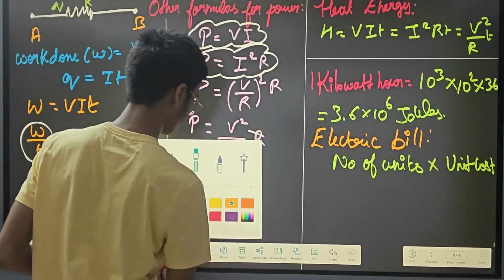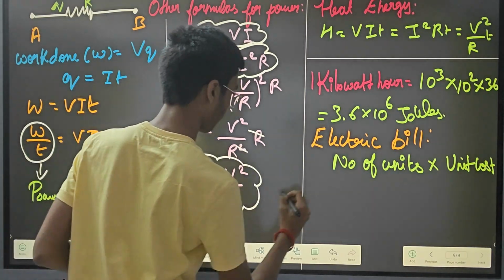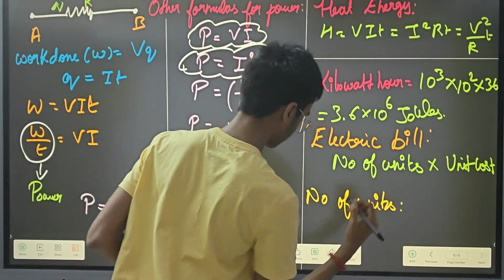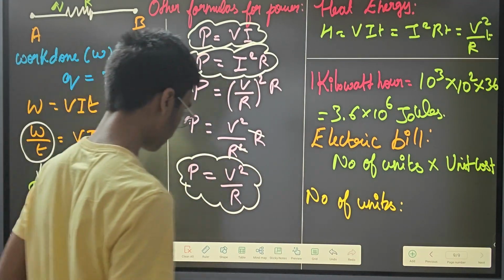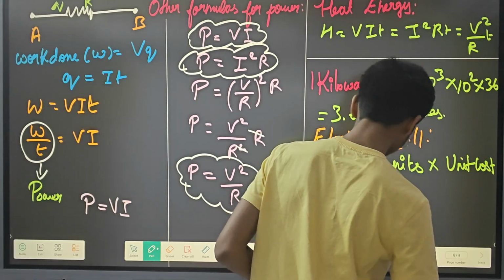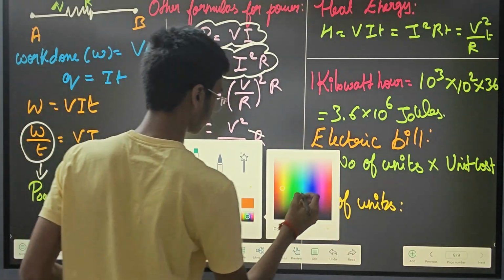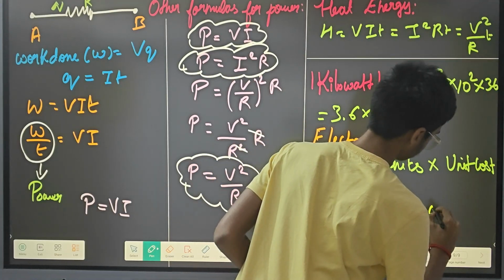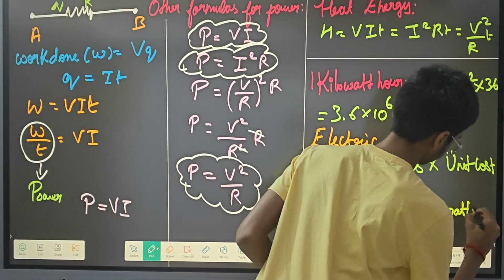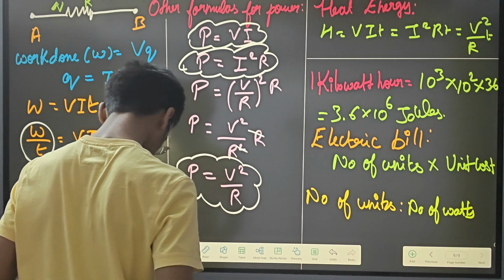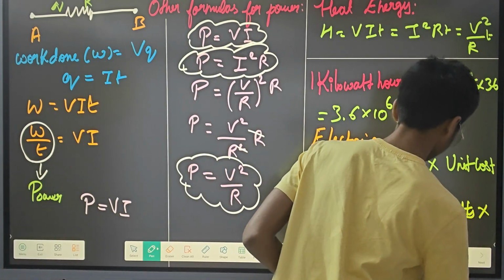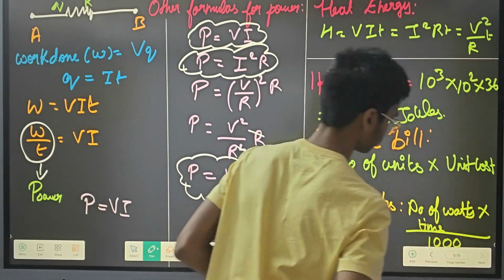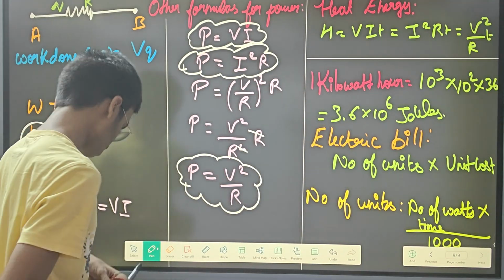Number of units is equal to number of watts into time by 1000.